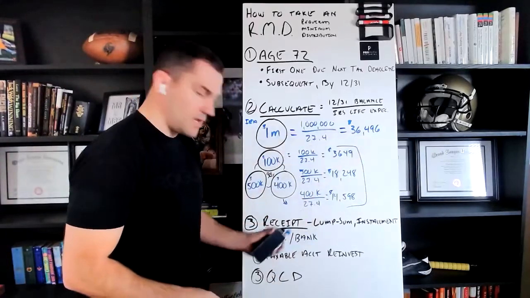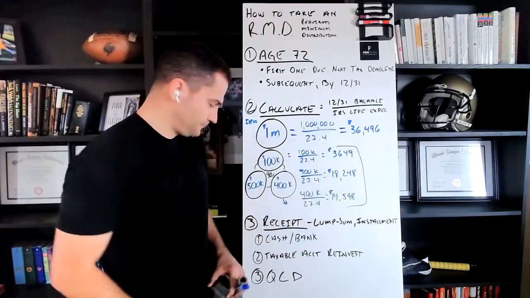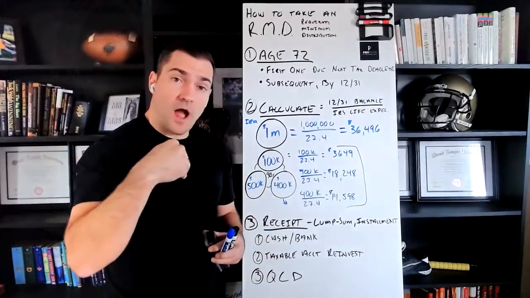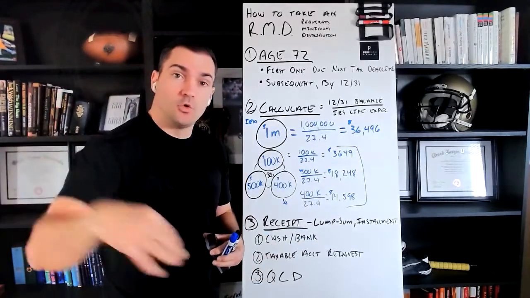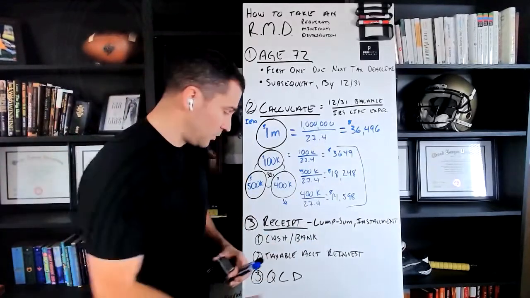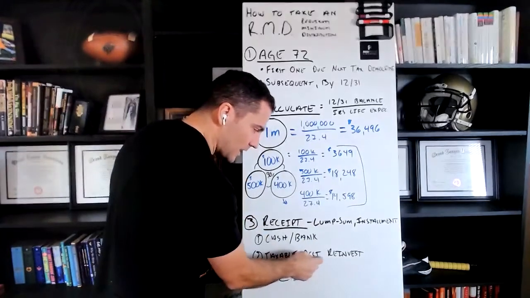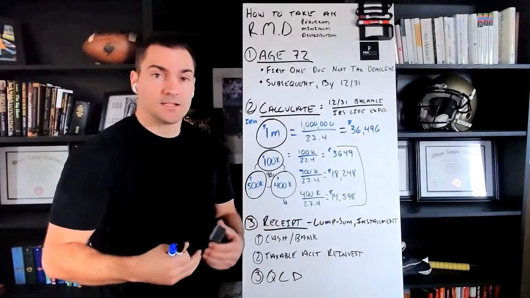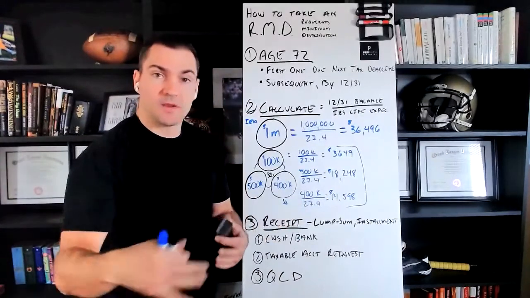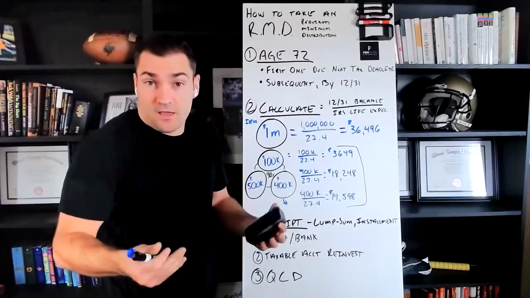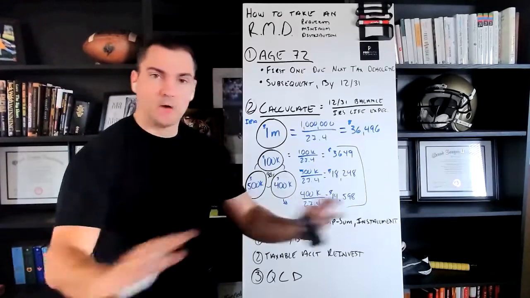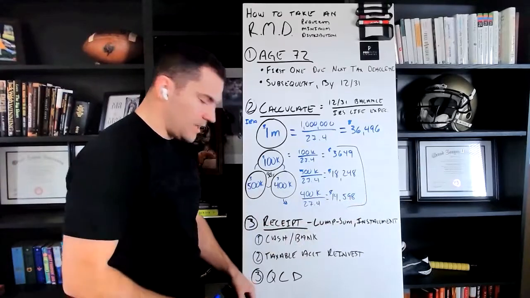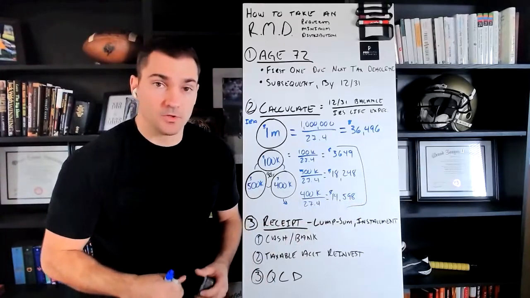A lot of times, if you don't need it, you can pull the money out of your IRA and transfer it to a brokerage account, a taxable account, and reinvest it. You just pay the tax on it and reinvest the rest. That's okay. I've seen that happen thousands of times. It's a great strategy. The third thing you can do with it is a qualified charitable distribution.